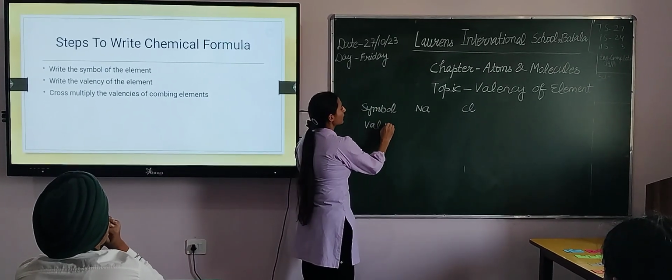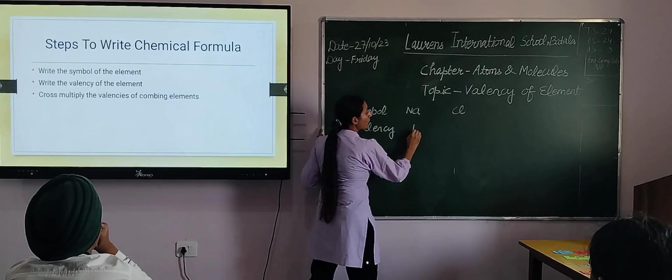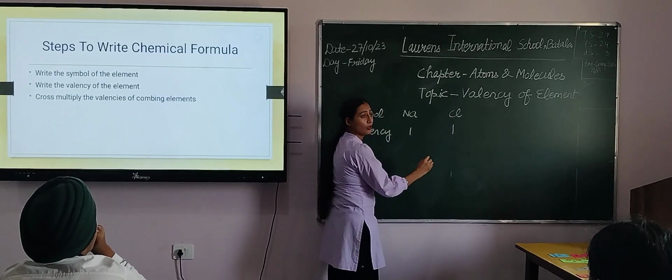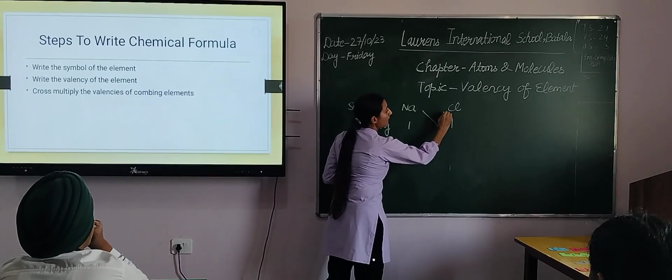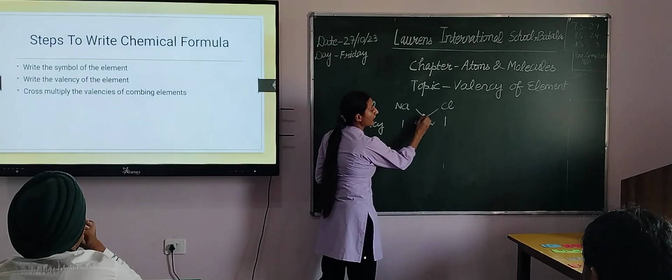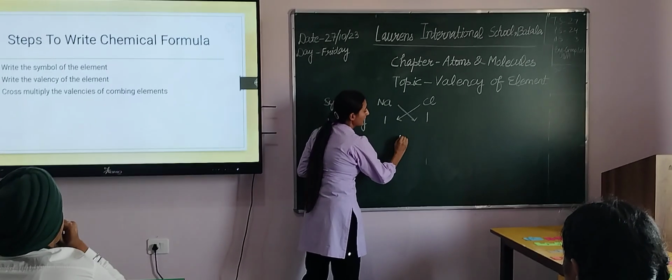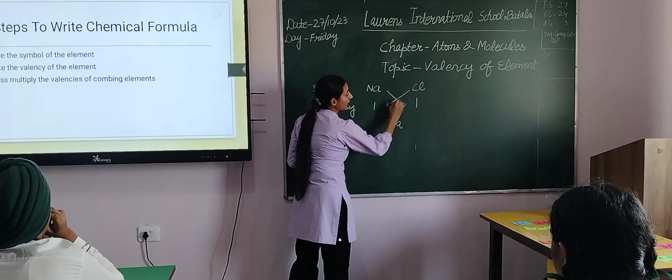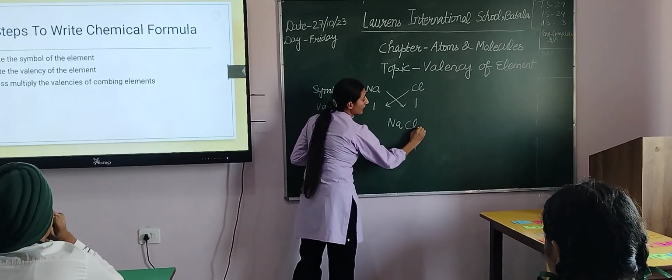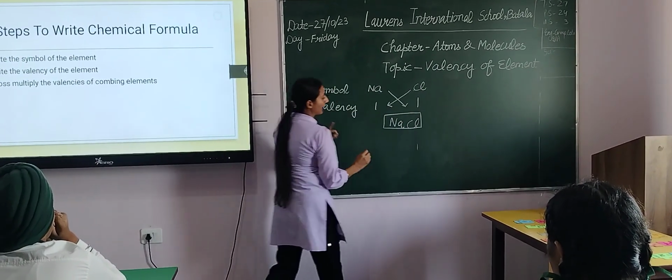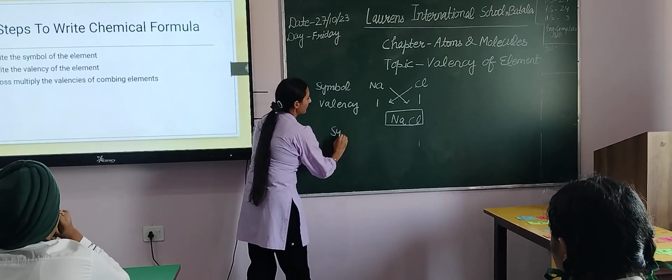What is the valency of sodium? It will be 1, and for chlorine it is also 1. So we have to multiply both of these. When Na gets multiplied by 1, its formula will be Na, and when Cl also gets multiplied by 1, we obtain NaCl.